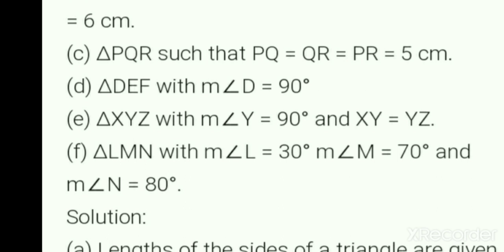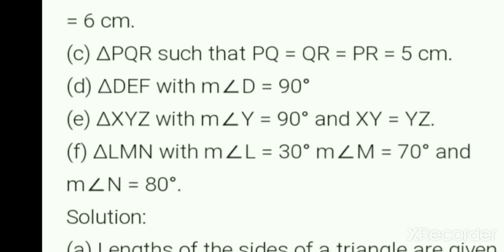Triangle LMN with angle L is equal to 30 degree, angle M is equal to 70 degree and angle N is equal to 80 degree. Here three angles are given. So three angles are less than 90 degree.